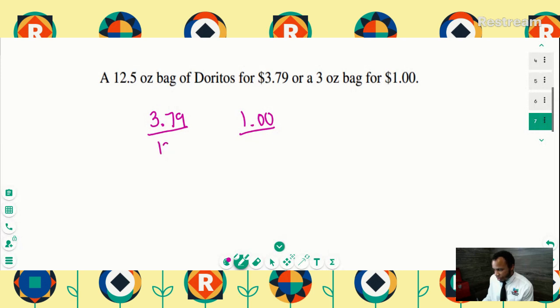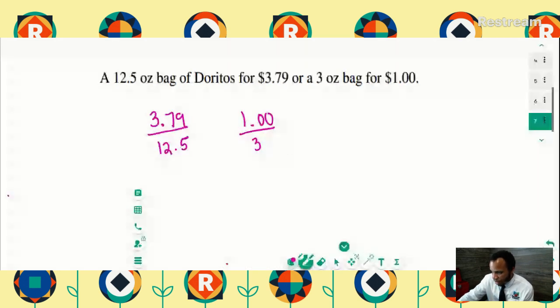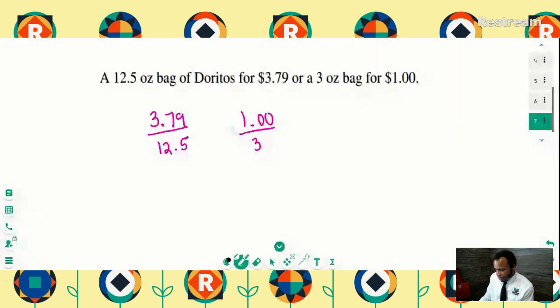So what you have is 12.5, and then you have 3 right here. So this is money on top. Let me write this in. So this is the money, and this is the amount or the weight.